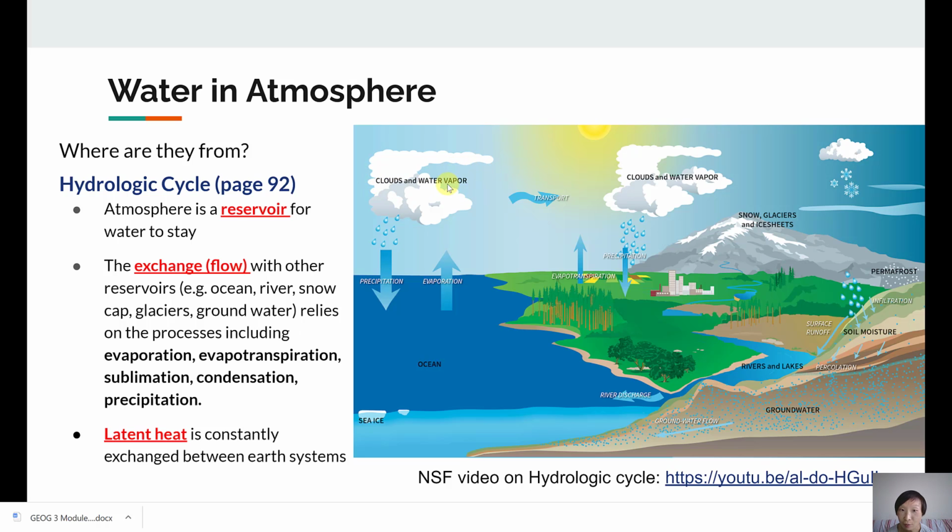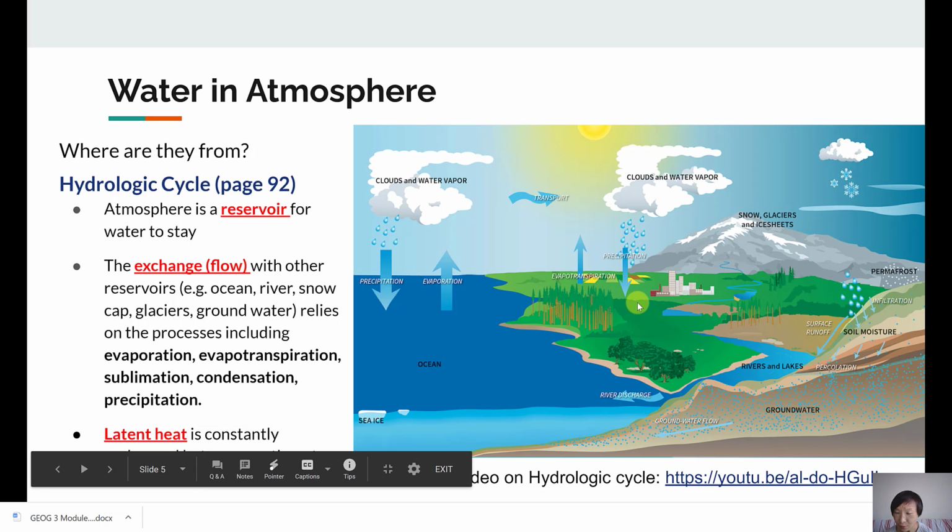And wind will blow those clouds to the land, or evaporation from the land can also form clouds, right? And when the droplets become too heavy, you will see precipitation. Precipitation will send the water to the ground, maybe to the snow cap in our Sierra Nevada mountains, right? Or to the soil, the surface, or our running water, right?